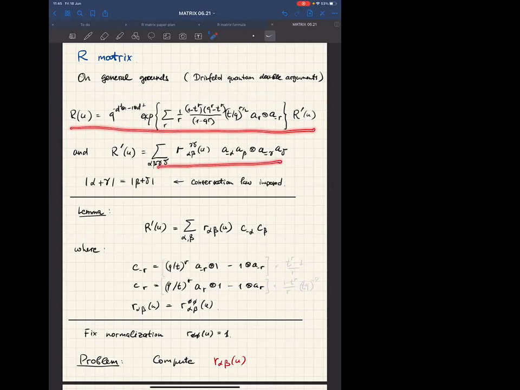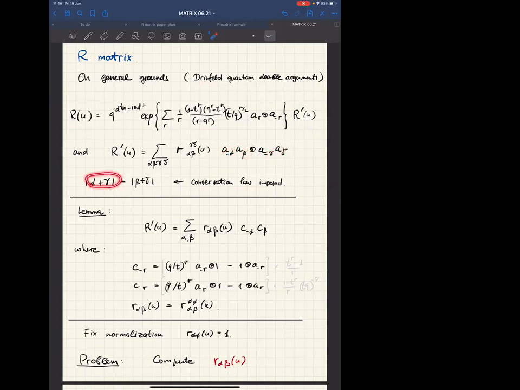And also from the quantum double construction and the arguments about the action of degree operators, we conclude that there is a conservation property here, which says that if we add the partitions alpha and gamma, the total number of boxes has to be the same as in the partitions beta and delta.